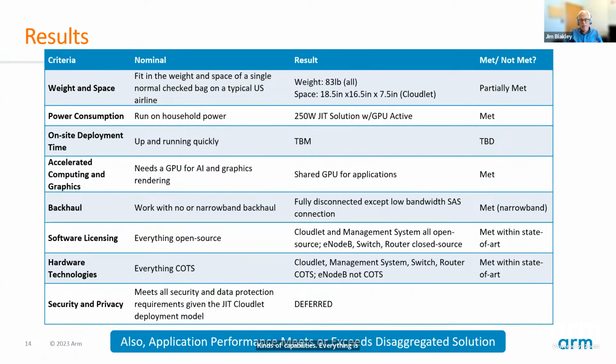Everything is open source except for the few boxes like the switch, the router, and the eNode B, which are closed source systems. We can't go in and program them other than through the maintenance console.